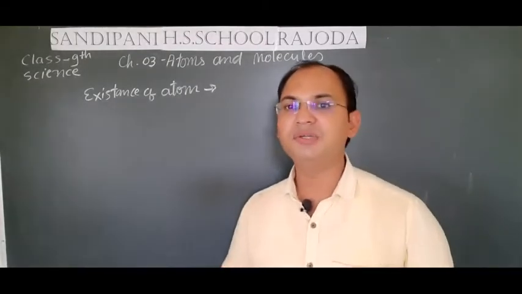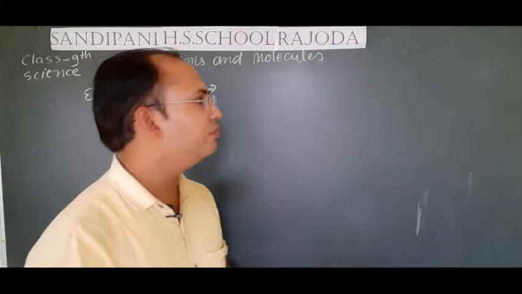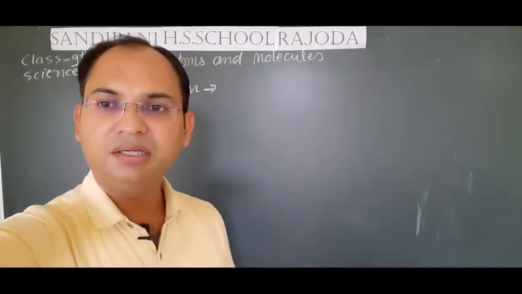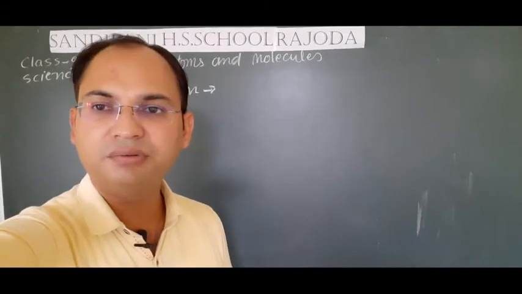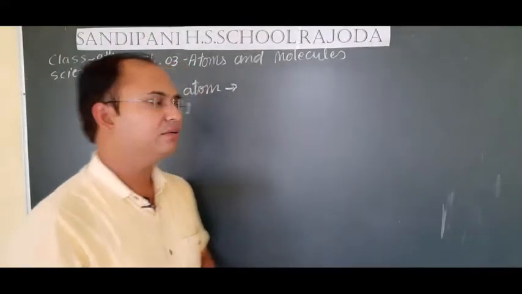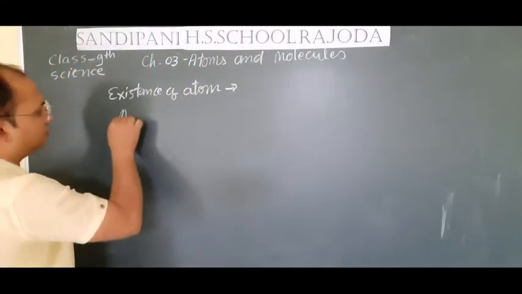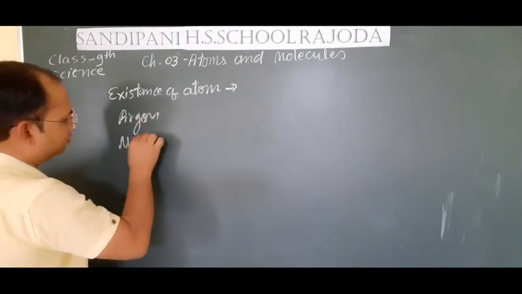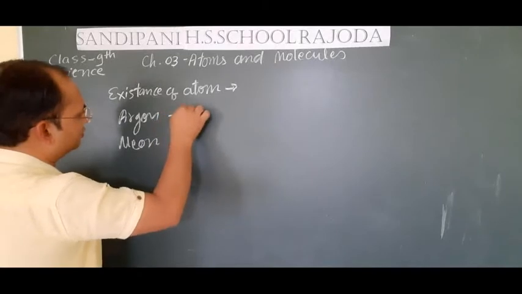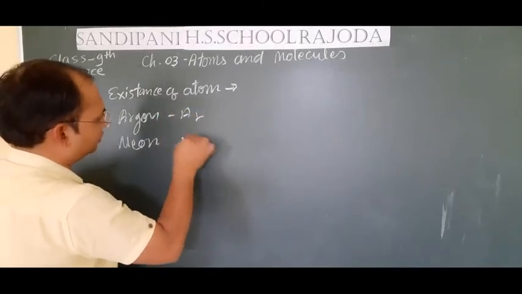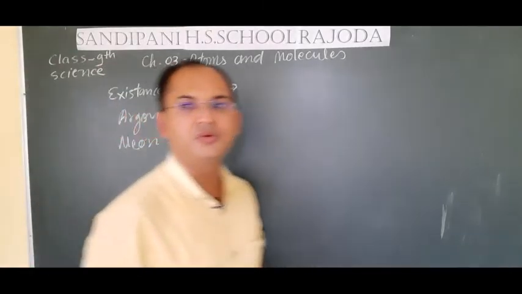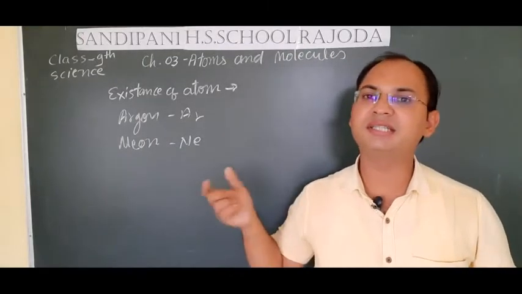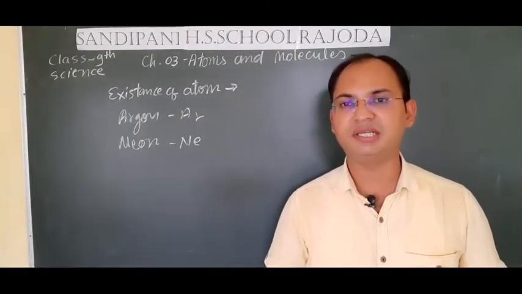Let's see which elements can be found in monoatomic form and which are found in different forms of molecules. Atoms like argon, neon exist in their monoatomic form. Monoatomic form means their single atom can be found in nature.